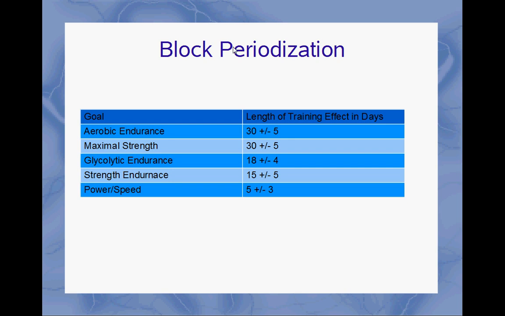Maximal strength also lasted for 30 days. Glycolytic endurance, like is needed in sports like ice hockey, lasts about 18 days. Strength endurance lasts 15, and power or speed, high velocity work, lasts about 5 days.